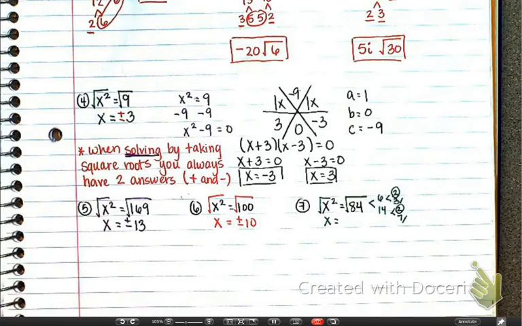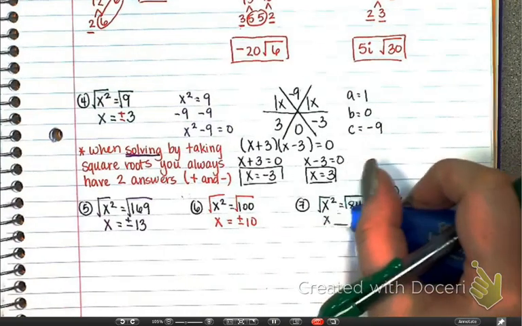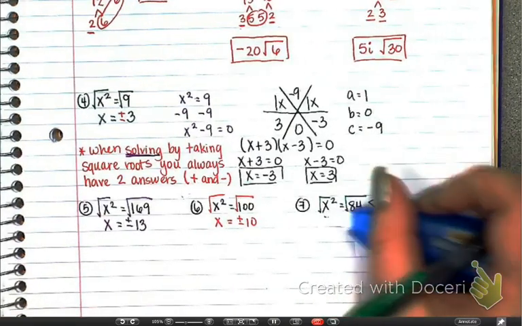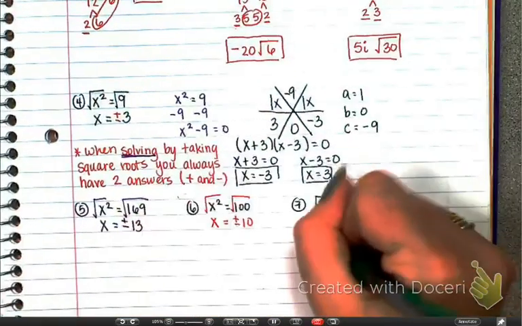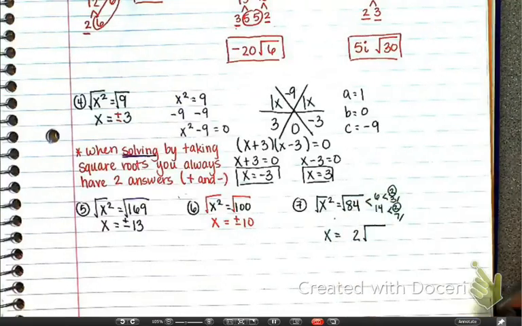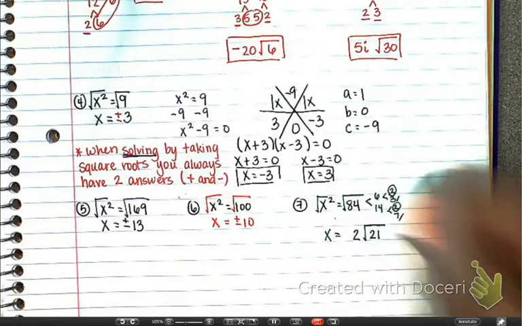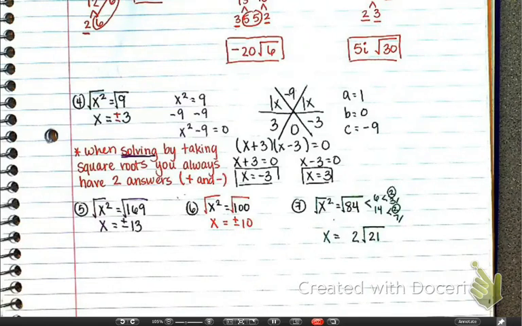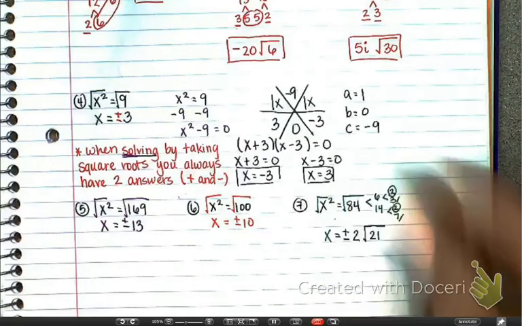I'm going to actually write this down. The 2 comes out, and inside is 3 times 7, which is 21. Is that my final answer? How many answers am I supposed to have? 2. 1 plus, 1 minus.